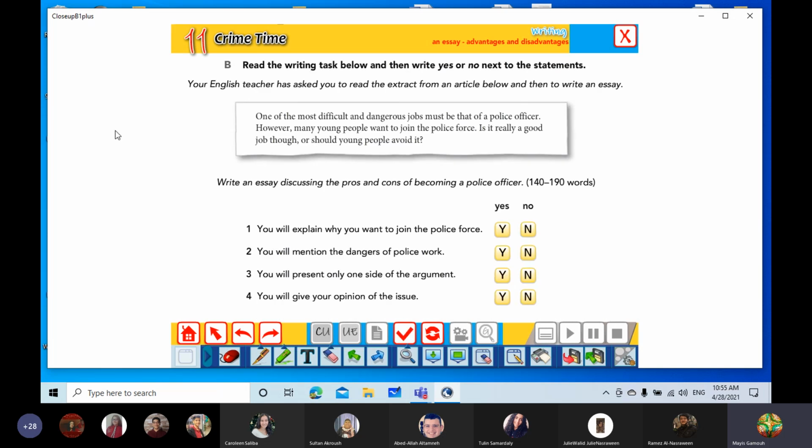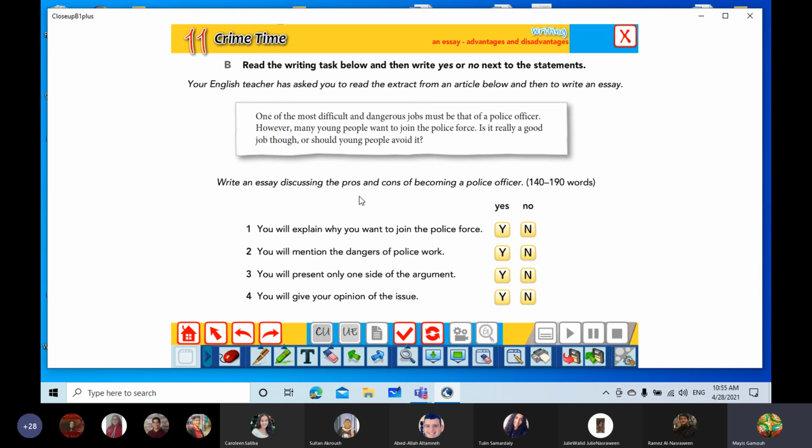Let's go to exercise B in here, and the instruction is read the writing task below and then write yes or no next to the statements. Your English teacher has asked you to read the extract, so here we have an extract from an article, and then to write an essay.